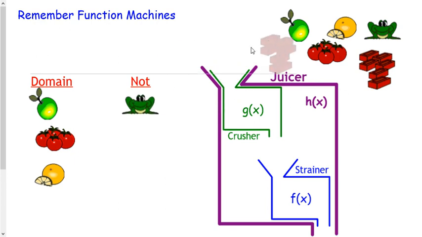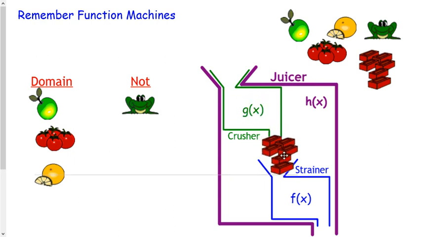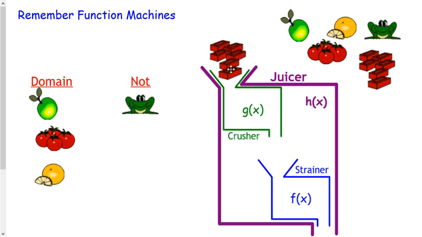So we'll say it's not in the domain because it can't go into this crusher. But we did imagine that our crusher was powerful enough to actually crush bricks. So the bricks actually fit into our crusher part, but the output that we got here, kind of in the middle of our juicer, was kind of gravel and powder, and going into the strainer it just gunked it up. So it wrecked the machine at this point. Because it was not an acceptable output at this point, we said it can't be input for our composition, our juicer.